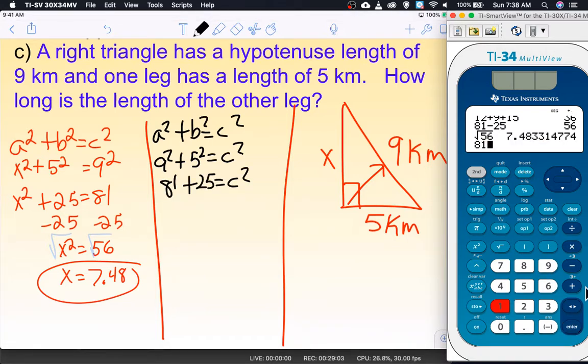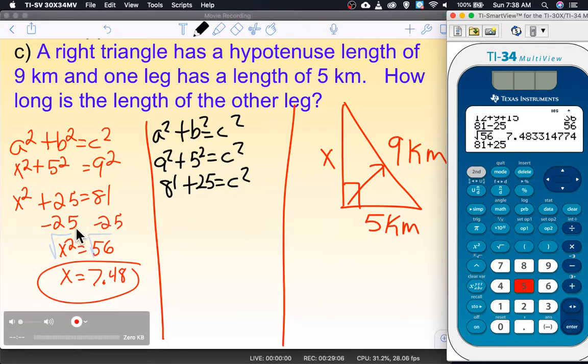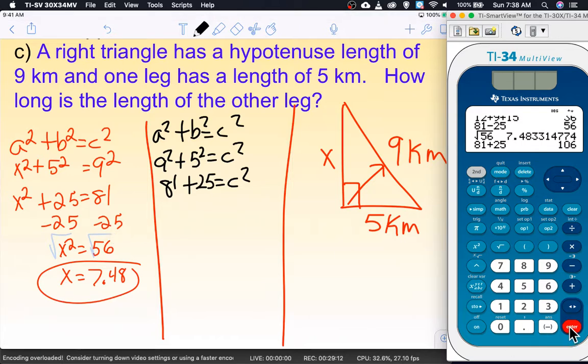You see, it's kind of a difference here. We're subtracting the 81 and 25 the right way, and here we're adding them, which is the wrong way. c squared is 106, and then you would square root, and c is 10.2.